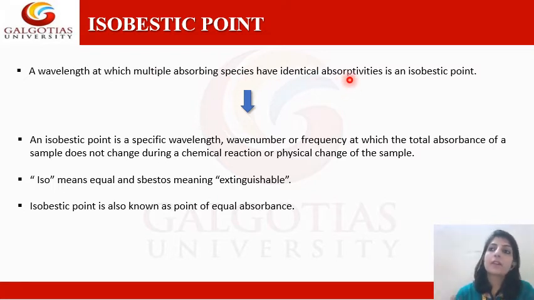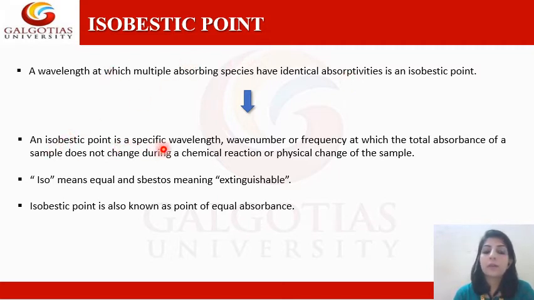When we scan these absorbing species, at different wavelengths we will have different absorbance values, but at a particular wavelength, frequency or wave number, all these species will show the same absorbance value. So that point is the isosbestic point.